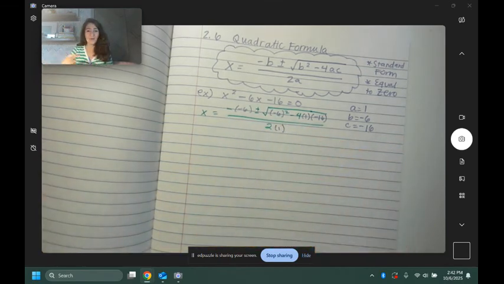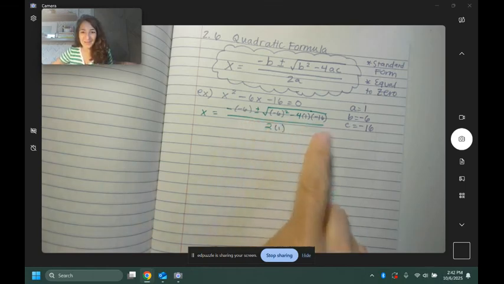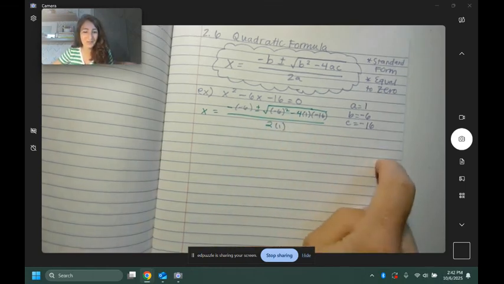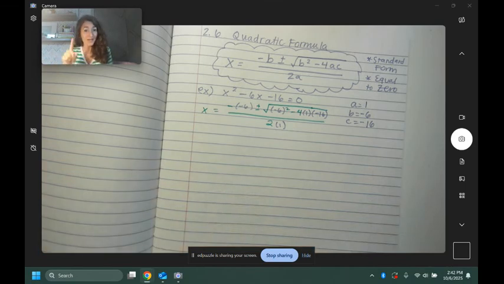Okay, so all of these a's, b's, and c's were replaced with the numbers that they are. There is one step to the quadratic formula: simplify. So let's simplify this one step at a time.